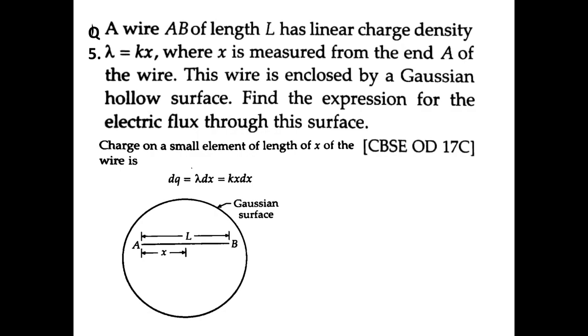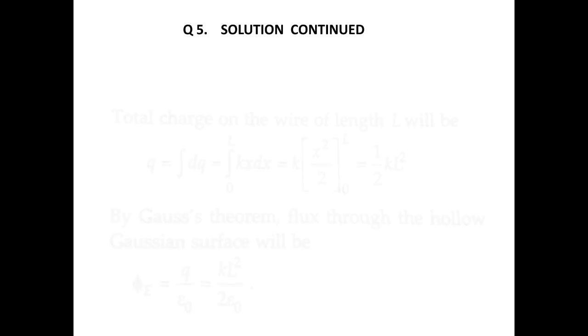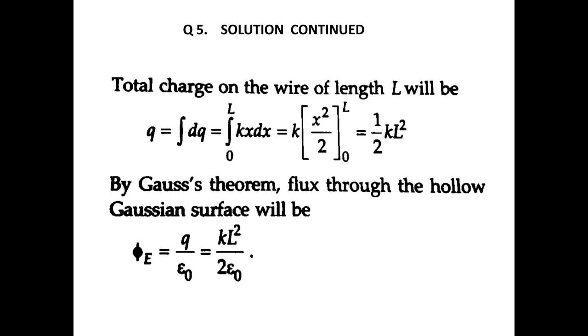That is why dq equal to lambda dx, and lambda is replaced by kx, and finally we get dq equal to kx dx. Now the total charge on the wire of length L will be q equal to the integral of kx dx over the limit 0 to L, which becomes half kL square.